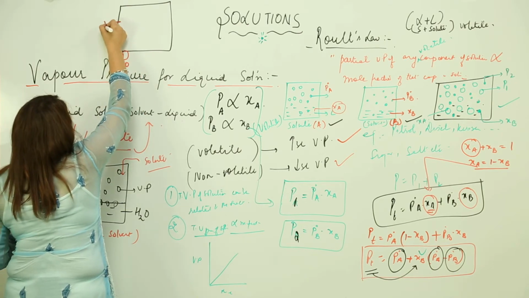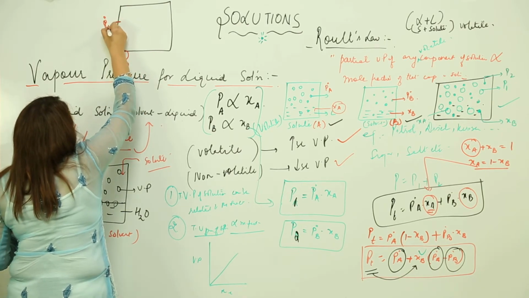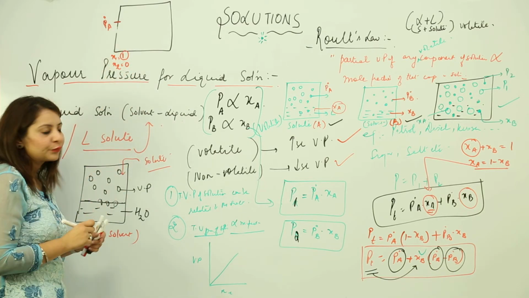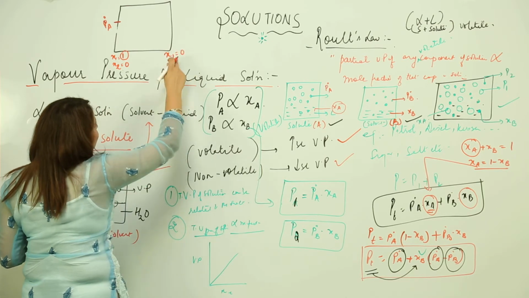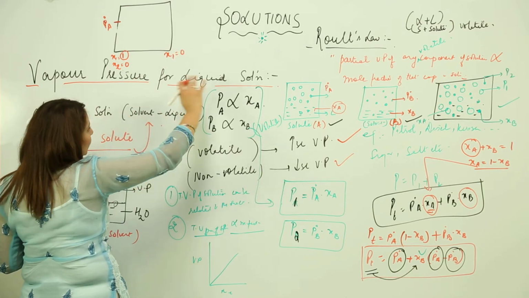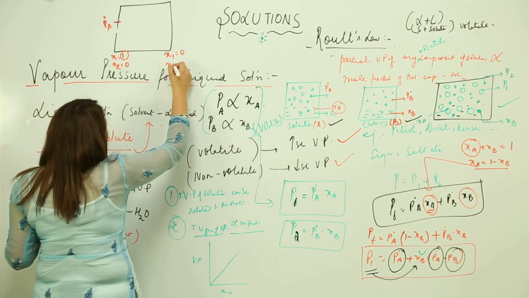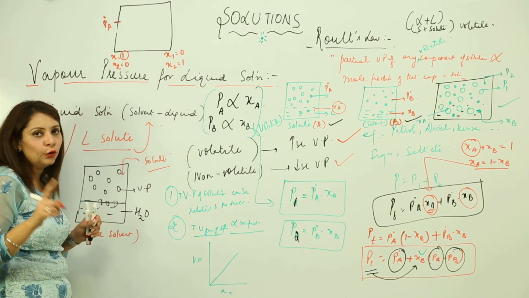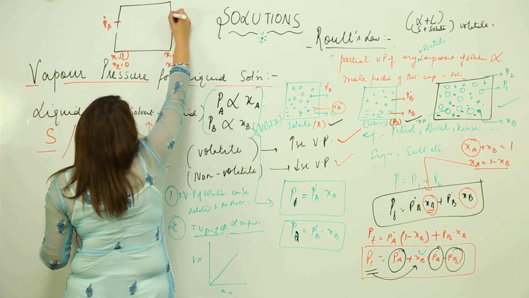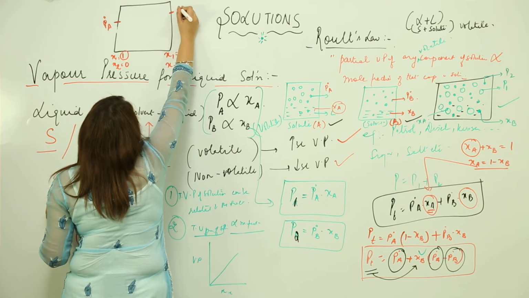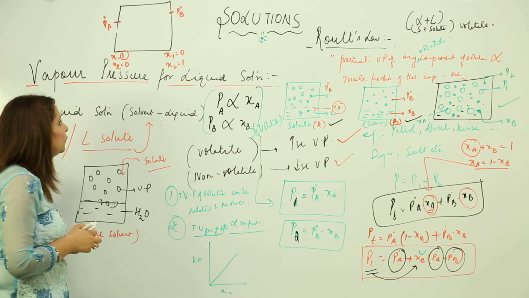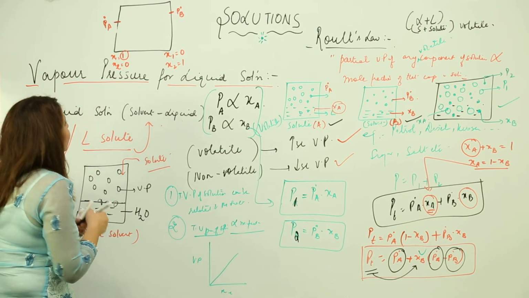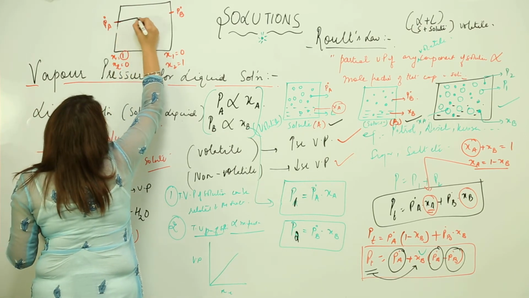So let us say that the partial vapor pressure is P naught A for x1. Now similarly, consider x1 as 0, that means it is not present or it is non-volatile, then x2 is present and its mole fraction is 1. So obviously the partial pressure is going to be due to this, let us say it is P naught B. So this is how it varies, and when they are present in solution, this line gives us the total P.